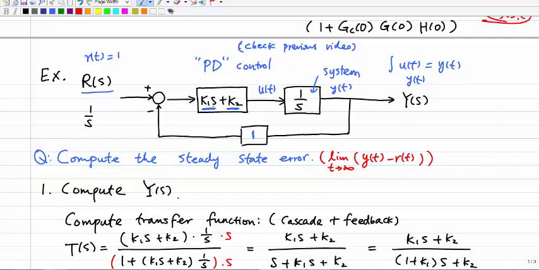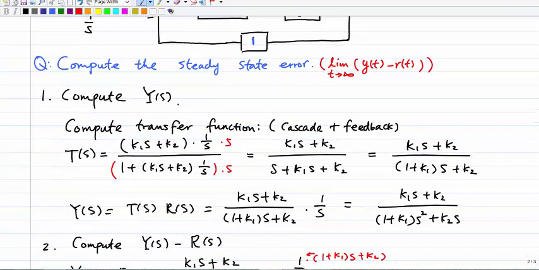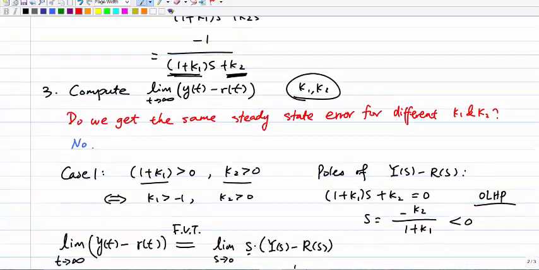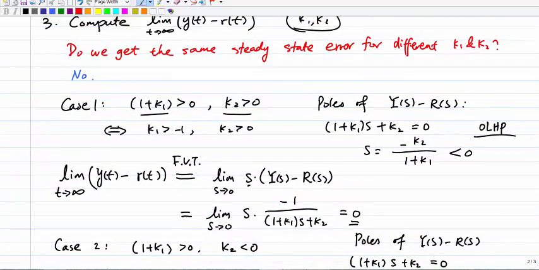But for those with zero steady state error, we could also select different K1 and K2. Remember over here, for example, I have K1 and K2. So if I look at this, the steady state for case 1 will go to 0. So you have numerous options of K1 and K2. You can say K1 is 10, K2 is 20, which is fine.